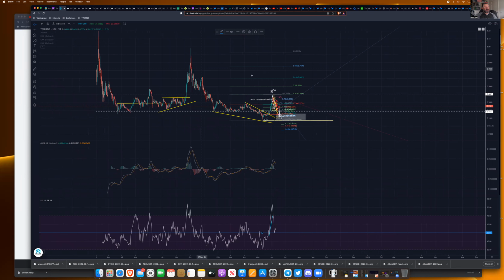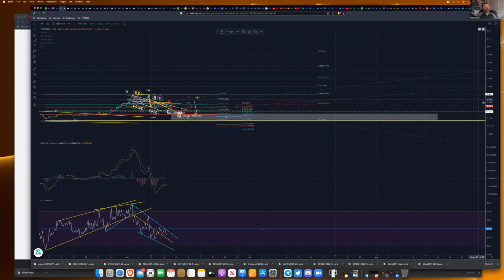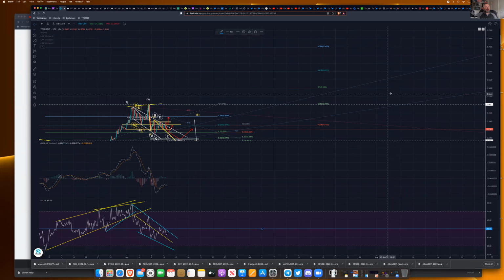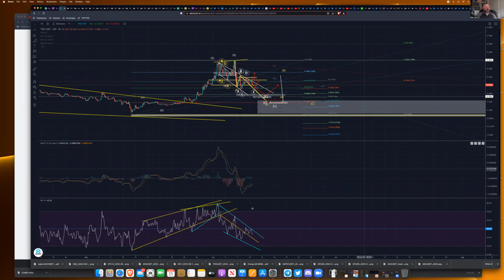So I've got my Fibonacci set out like this, and let's go into the 4 hour. And you can see on the 4 hour, it's probably worth learning how to trade using the RSI. We've got this trend line on the RSI, you can ignore that for the time being.